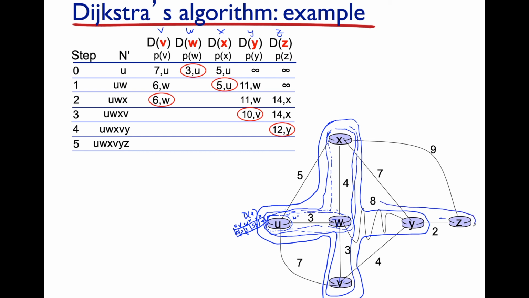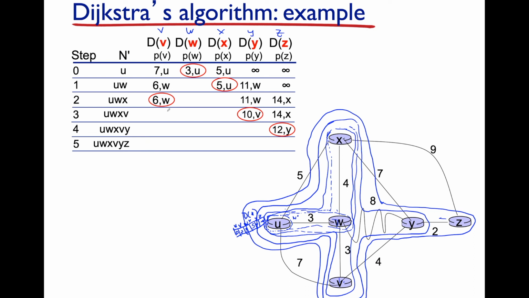So the blob grows out this way to envelop or consume Z. This blob is getting bigger and bigger, and you notice now that we have consumed all the nodes. They're in the least cost path set N, and the algorithm halts.